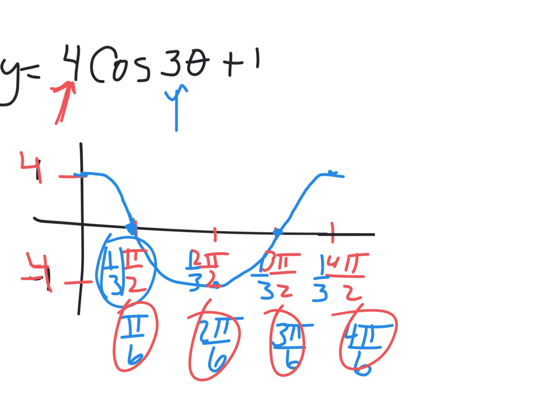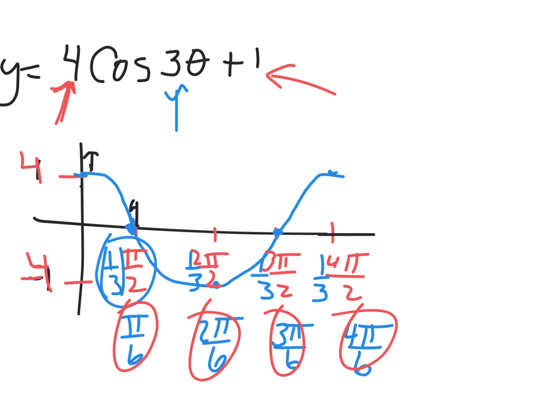And then the last thing is this +1. That means the whole thing moves up 1. How much is 1? I just moved up what would be like a whole mark. That would be like moving up 4. I hope you didn't do that, because remember, 4 is how big a mark is now. So I need to move up only 1, only a little bit, like 1/4 as far.